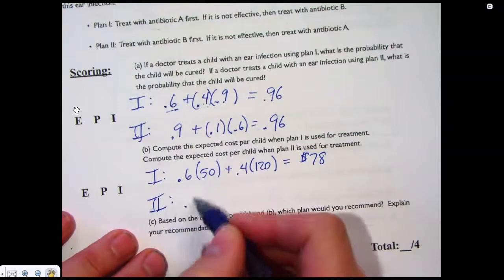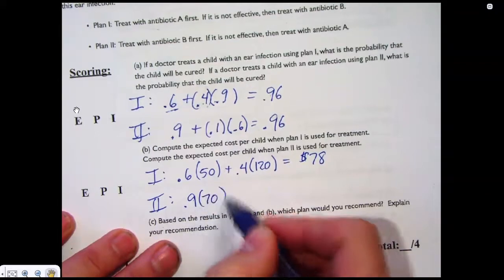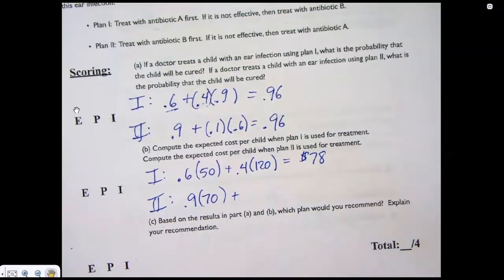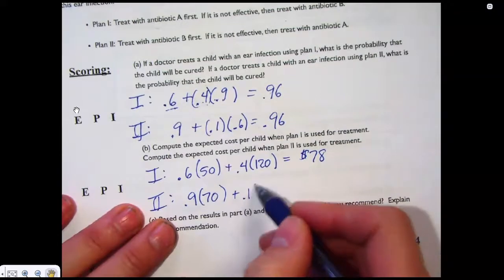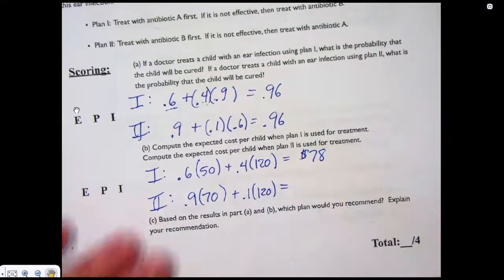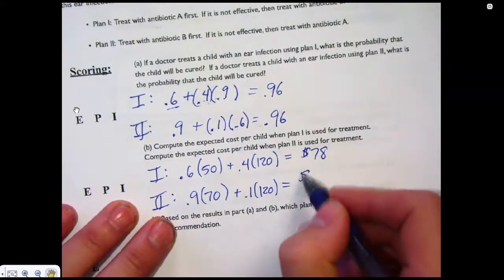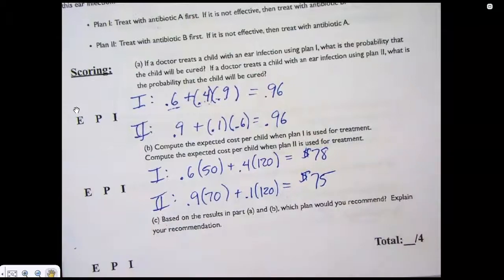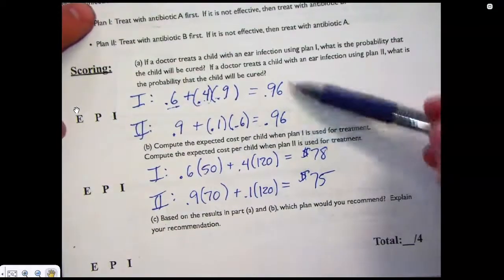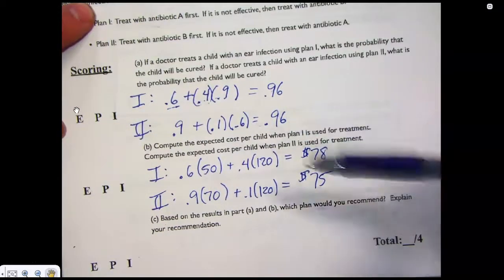Treatment plan 2, there's a 90% chance that the first treatment of $70 works, and I'm done. There's a 10% chance that I end up having to see both doctors, and that means I will have paid $120. And this one comes out to $75. So they both have the same probability of curing the child, and this one's cheaper.